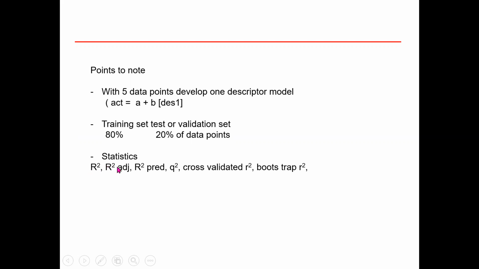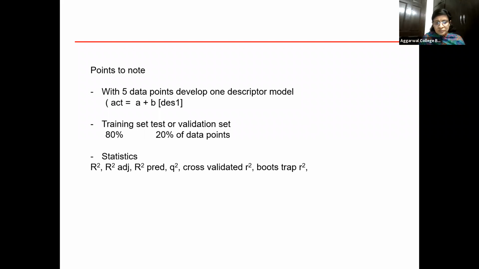This will be larger than this, this will be larger than this, like that. So the numbers have to be quite high, tending towards 1. It will not be 1. It will not even be 0.9 because in experiments there will always be experimental errors. So those errors also will come into the picture actually. Okay.